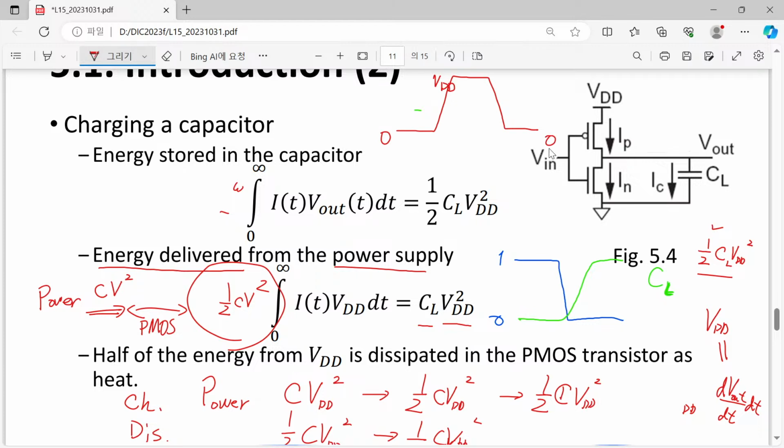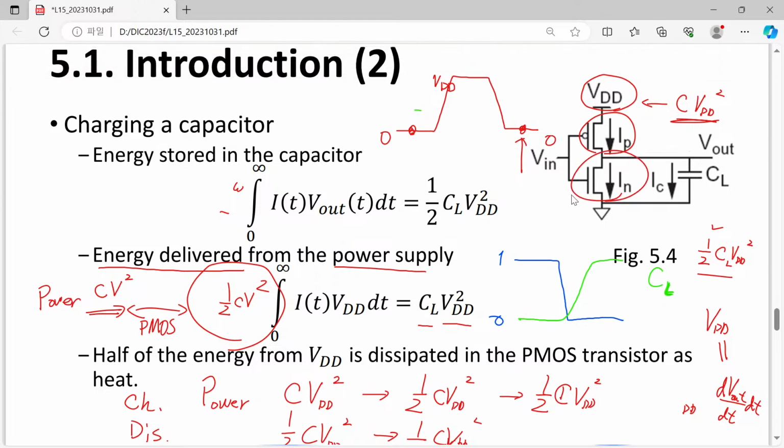So nothing is left in this final time period, and during that time, although the power supply provided this amount of energy, it is always gone through the PMOSFET and NMOSFET.